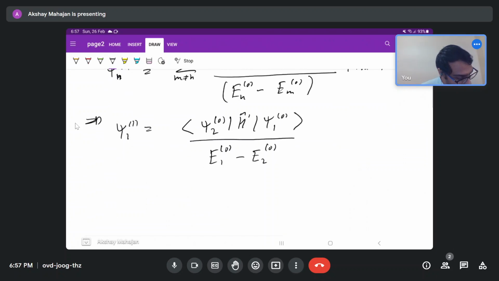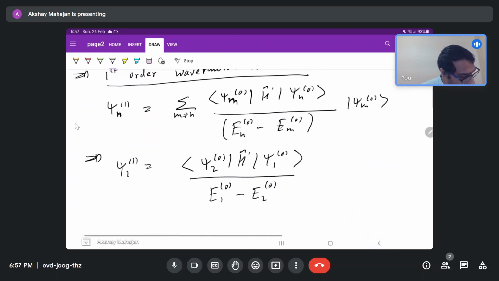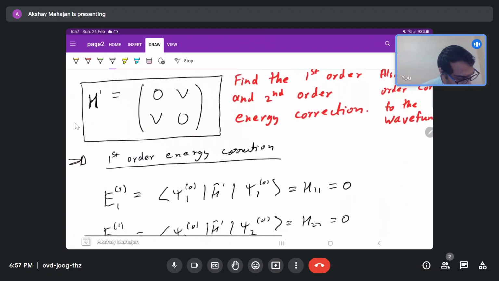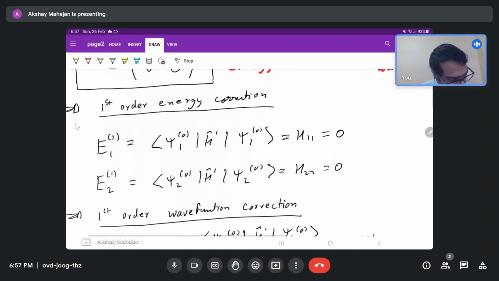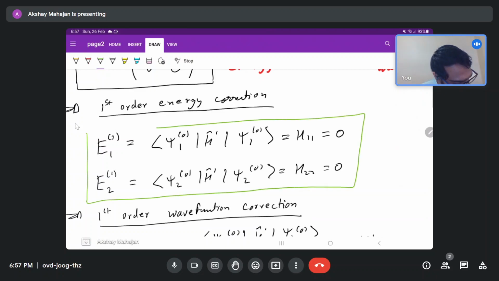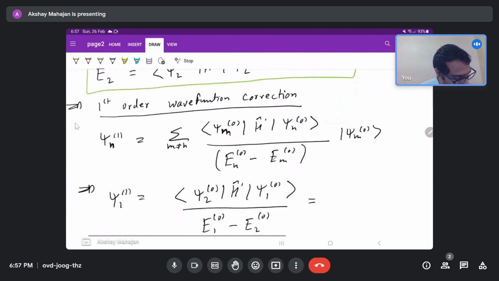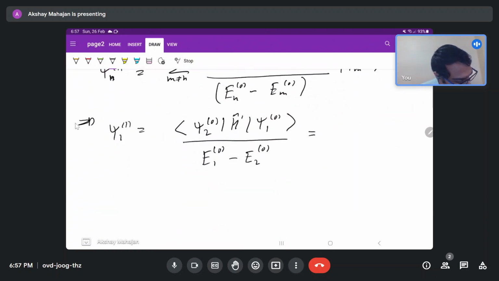In this case this simply equals V. So let me also mark our answers. This is our first order energy correction. First order energy correction is 0 because of that perturbation, and here we are getting V divided by E1 of 0 minus E2 of 0.